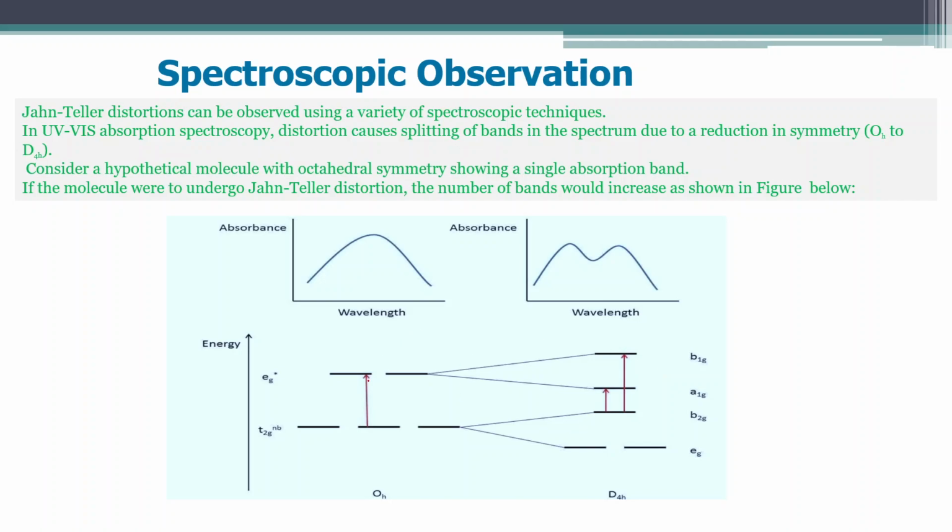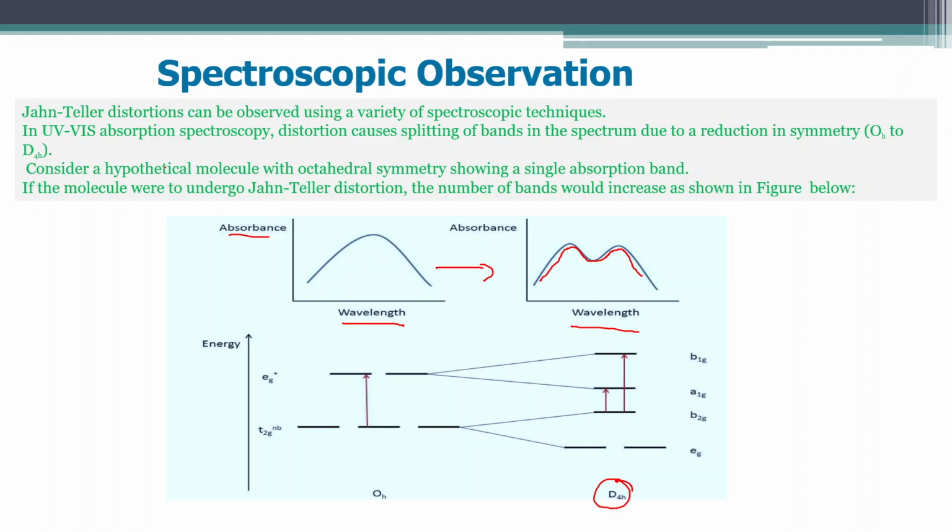This is an example of purely octahedral geometry, and when we plot UV wavelength versus absorbance, we can see a single band here. And when it changes to the D4h point group, the UV band will have an additional shoulder there.